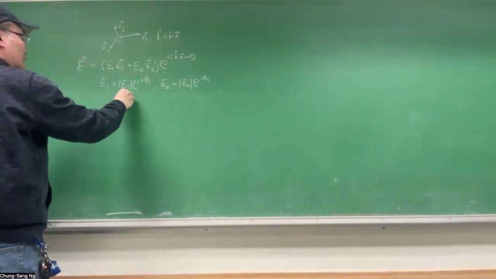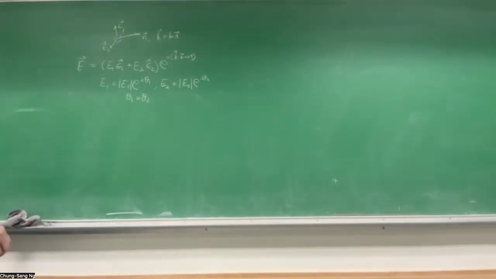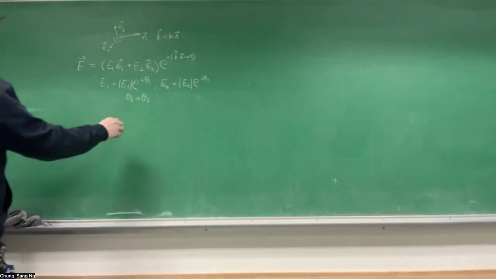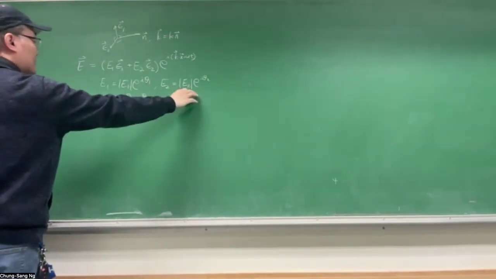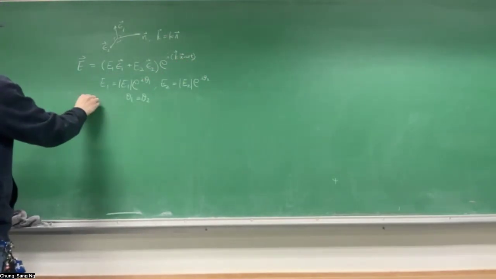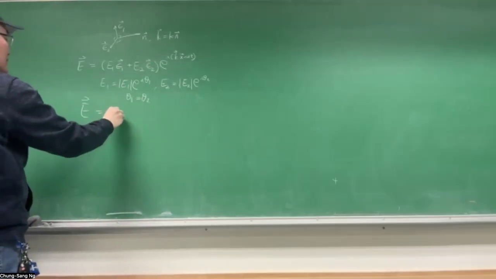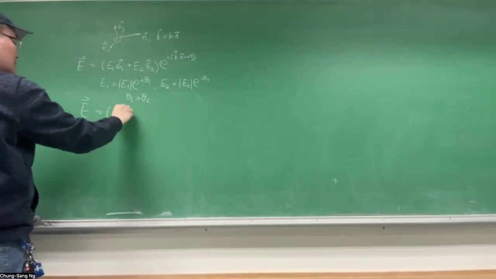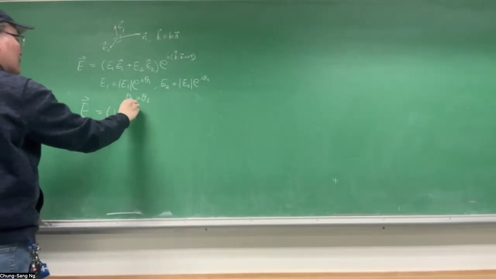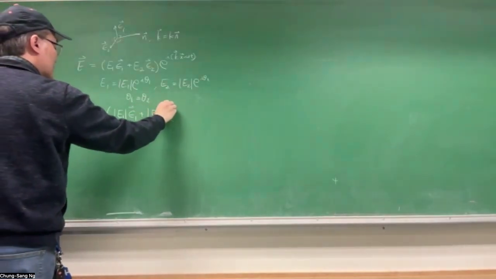So the first case is if theta 1 equals theta 2. In that case, both the exponential factors are the same. You can pull it out and combine it with the original exponential function, and it becomes E1 magnitude epsilon 1 plus E2 magnitude epsilon 2.